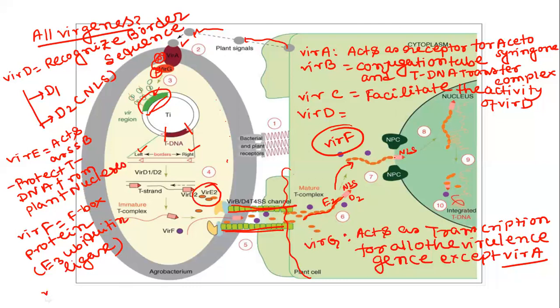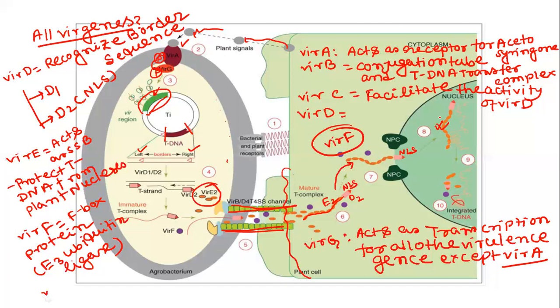Another point is that as the DNA is entering into the nucleus, there is no requirement of protection, because it is already entering the nucleus. So VirE2 and D2 should be degraded.